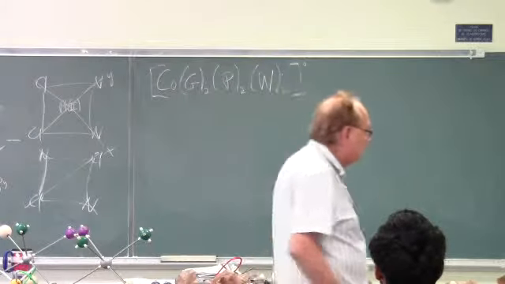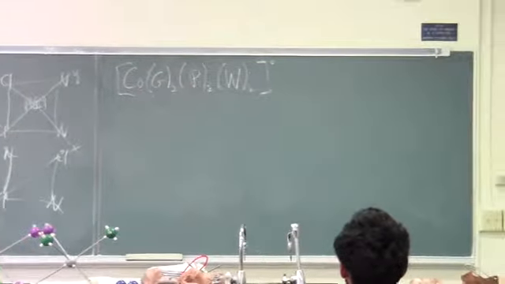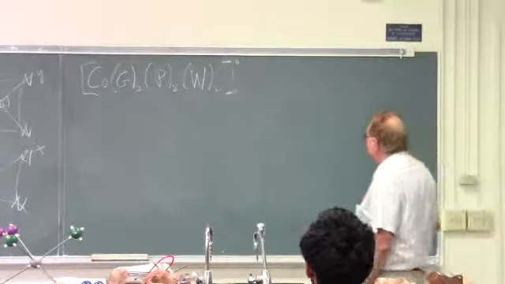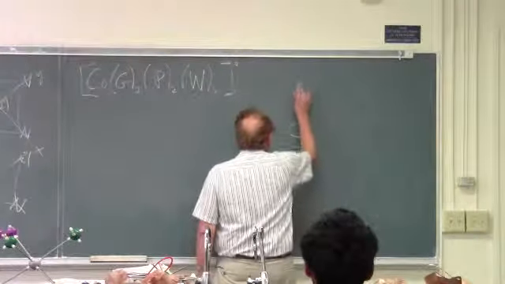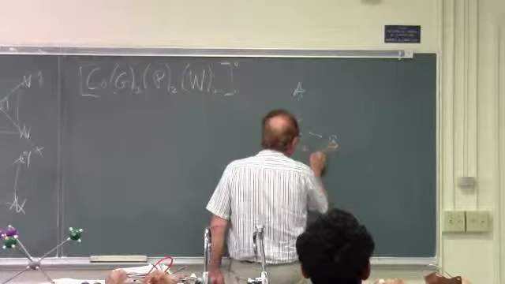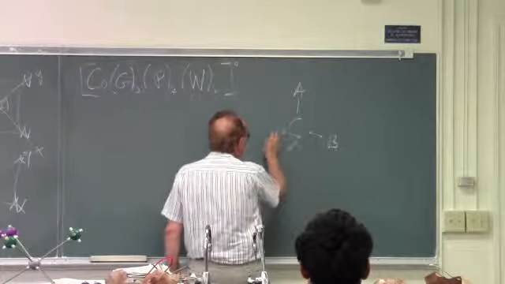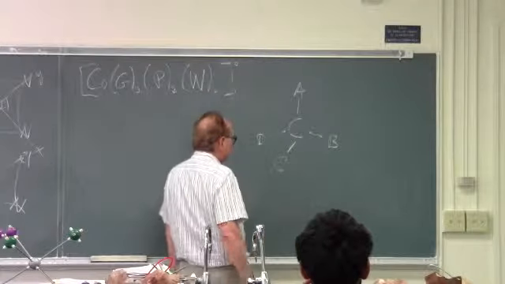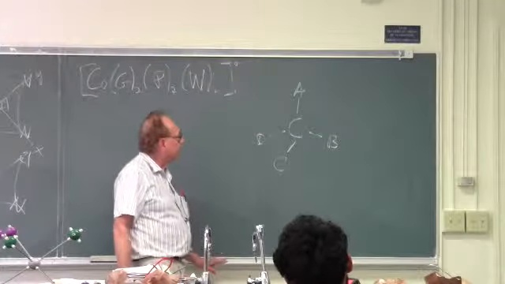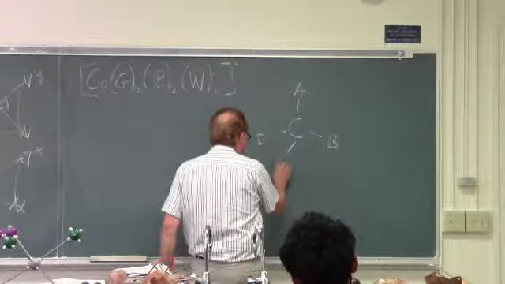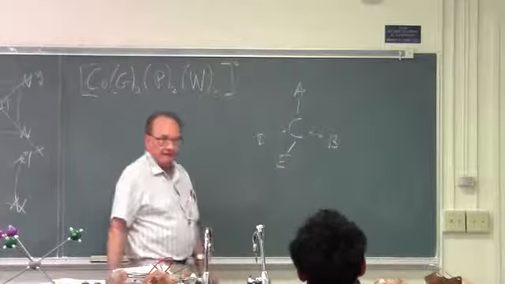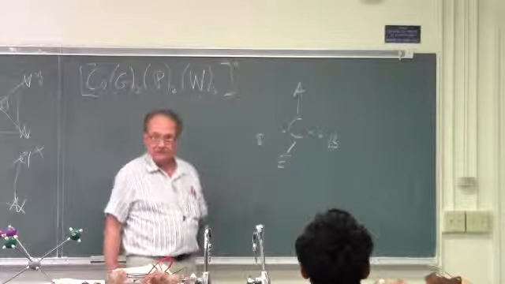Take a look at an example, simply because you're going to do a whole bunch of this stuff in organic class. Carbon with atoms A, B, C, D. Let's make it E. I don't want two carbon atoms.